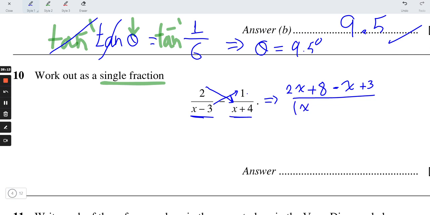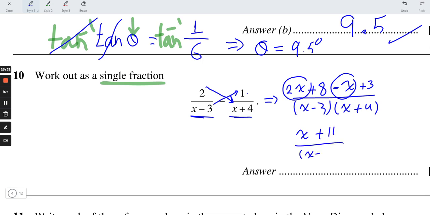We have x minus 3 times x plus 4. 2x minus x, because they are like terms, we will get x, plus 8 plus 3 is plus 11, over x minus 3 times x plus 4. So this is our answer, and you should write it here.